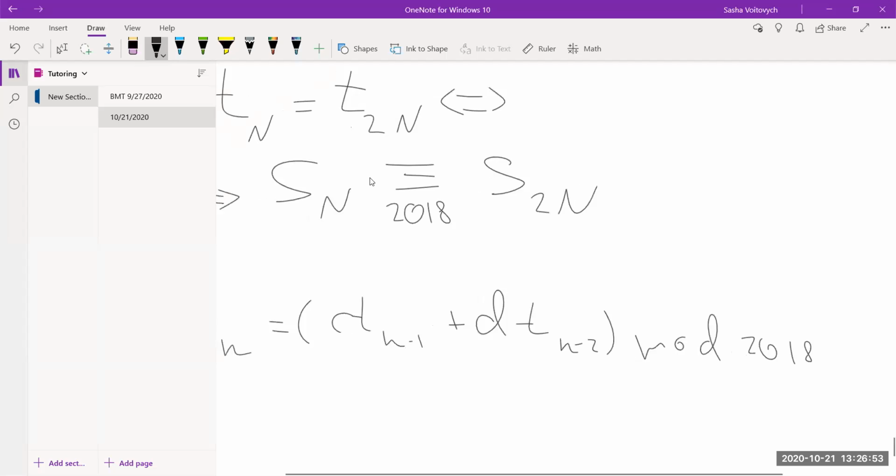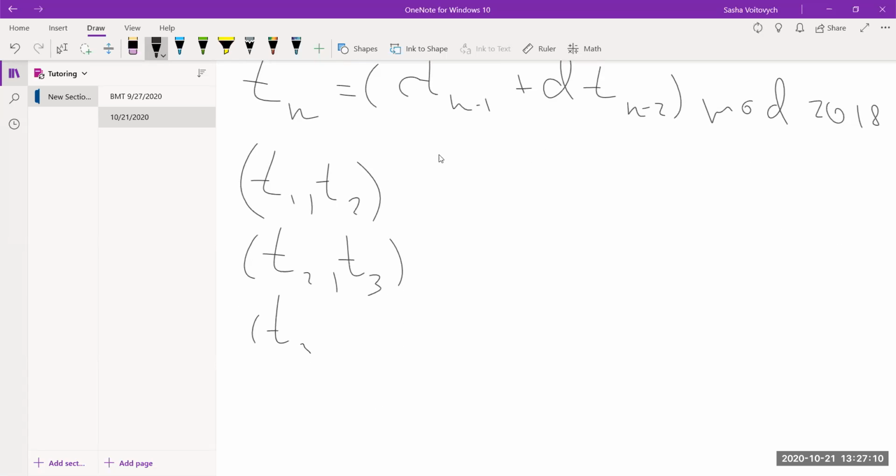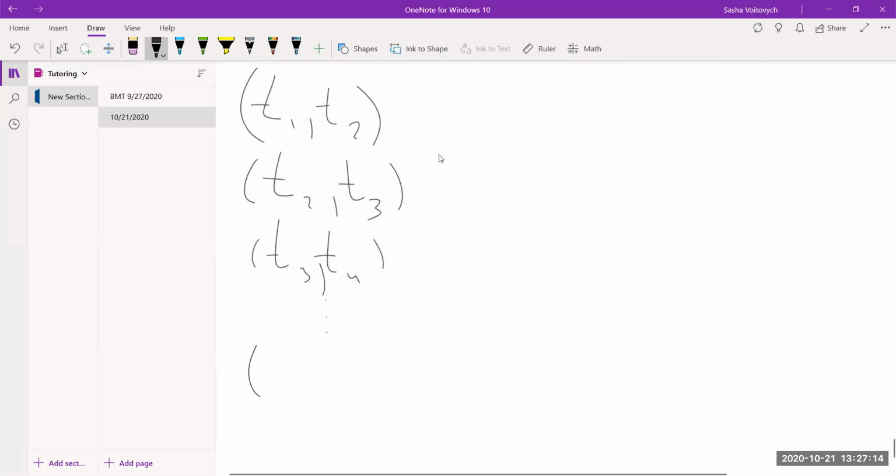So let's consider the following numbers. Let's consider T0, or does it start with index 1? Yeah, it does start with index 1. So let's consider the following pairs: T1, T2, T2, T3, T3, T4, and so on, up to Tn, Tn plus 1.